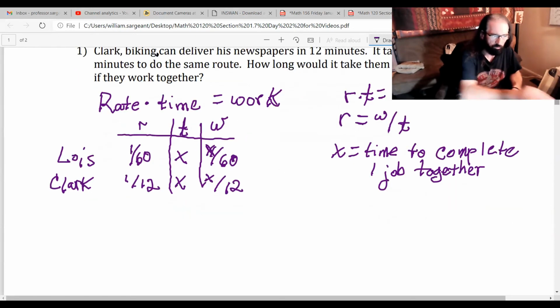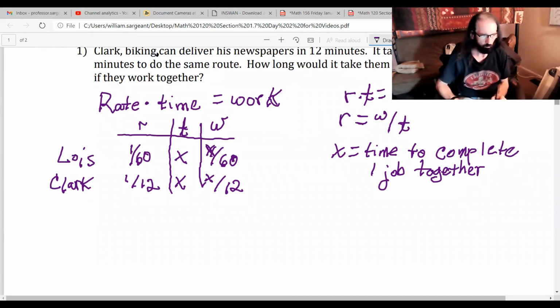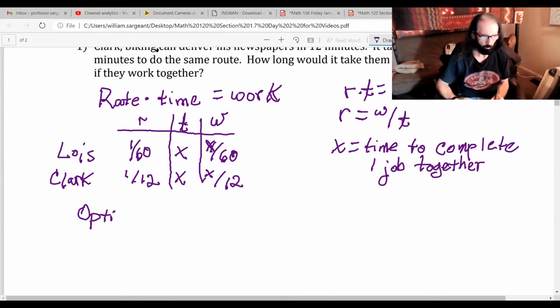We've got two options here. One would be to add their rates to get a combined rate.